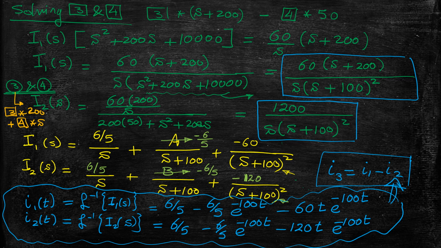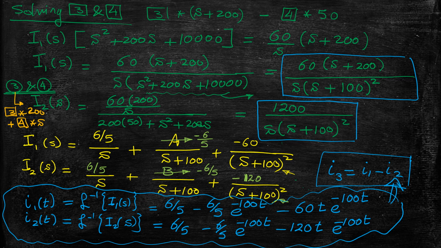Here we can just move quickly after getting the Laplace transform of I1 and I2 as a function of S. We will return back using the inverse Laplace transform. There is nothing new here. We will do this partial fraction. It's a very simple partial fraction problem. And then after getting these constants, we'll end up with this I1 and I2. Something to think about.